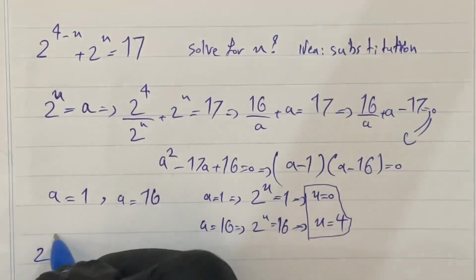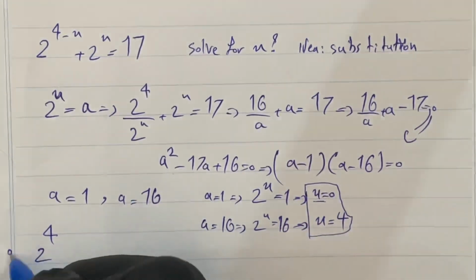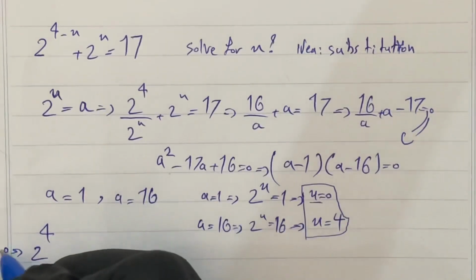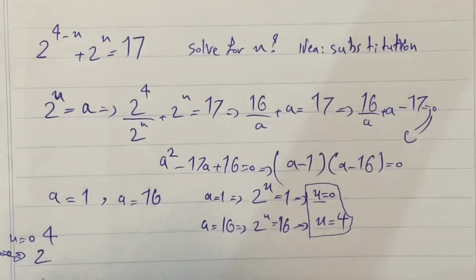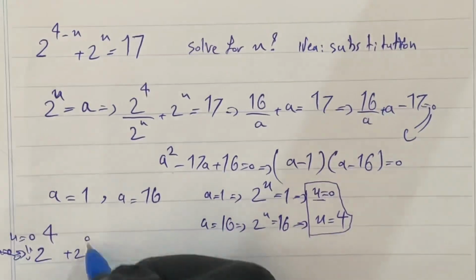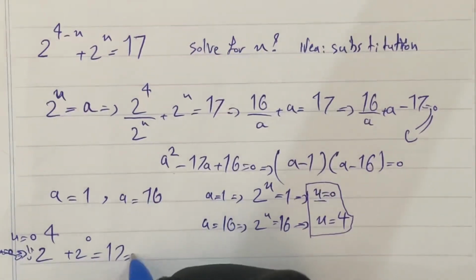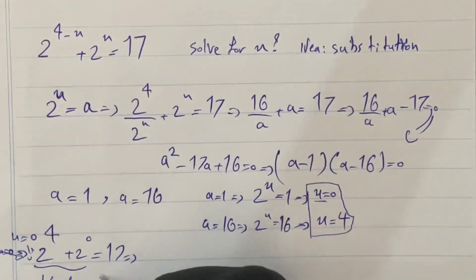Let's test x equals 0. It will be 2 to the power 4 plus 2 to the power of 0 equals 17, which means 16 plus 1 equals 17.